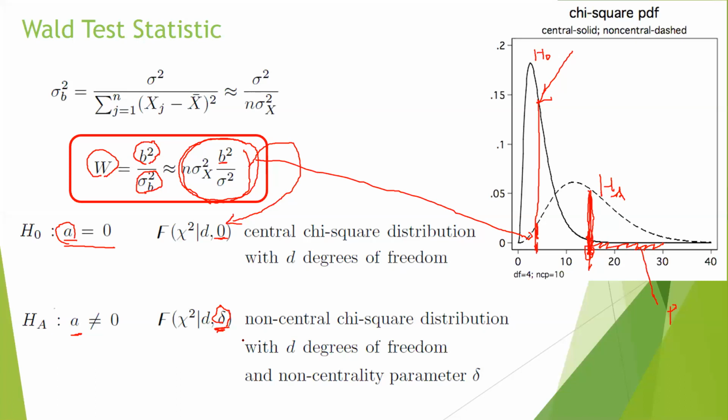For the non-centrality parameter, I don't quite understand the function of this parameter in the chi-square distribution. Oh, okay, got it. You mean here.